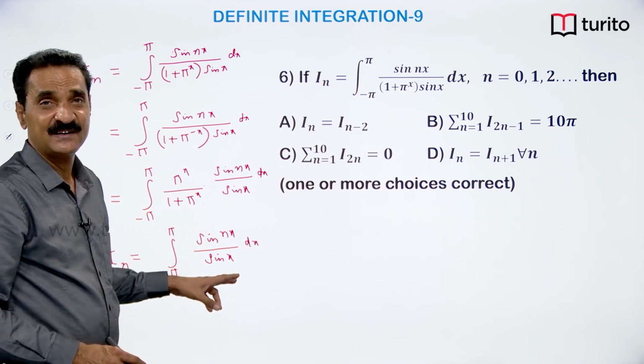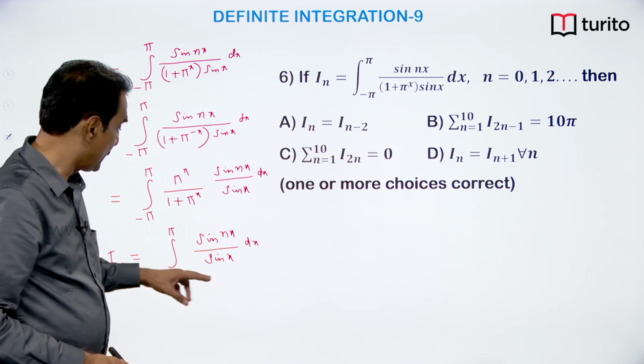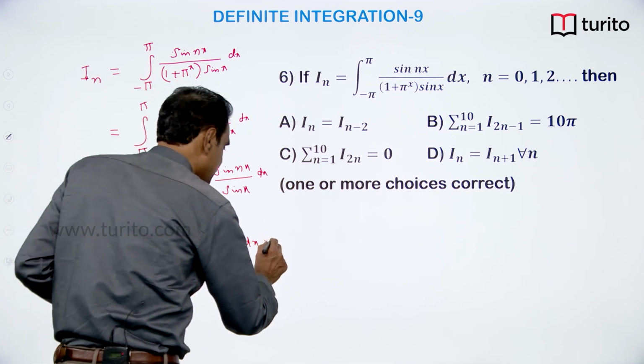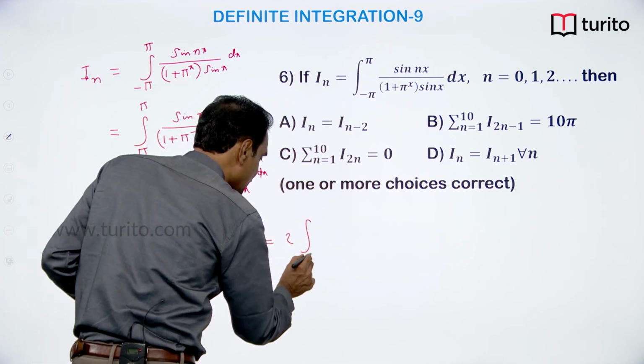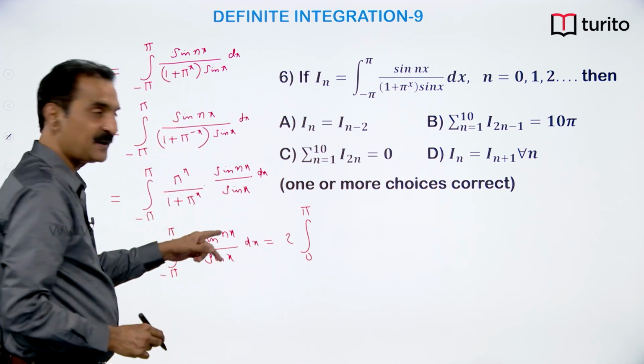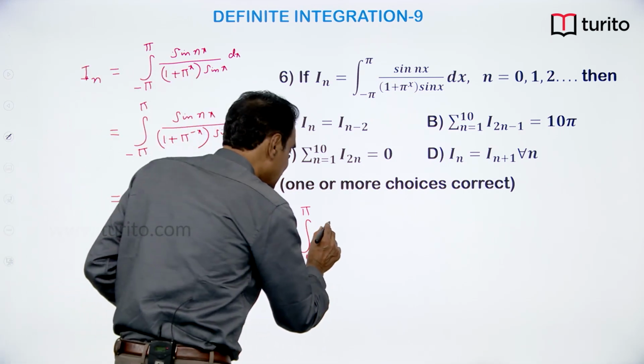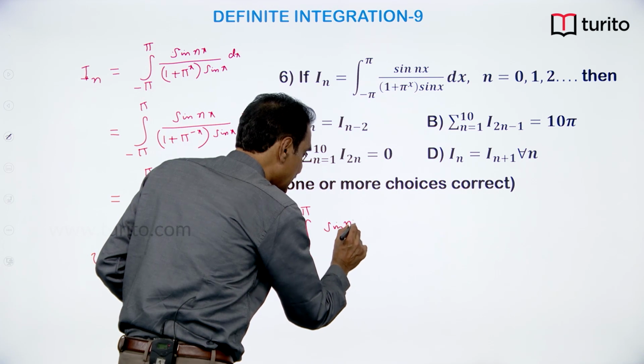If sin nx by sin x is there, we know what to do. But before that, since the function is even, let us write it as 2 integral 0 to pi, property of even function, 2 integral 0 to pi sin nx by sin x.